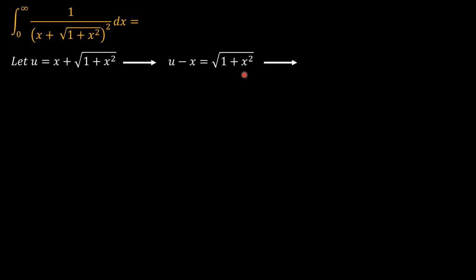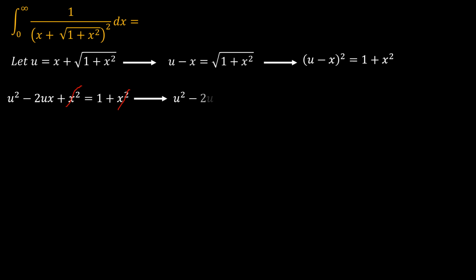And so when you square both sides, you have u minus x squared is equal to 1 plus x squared. That means u squared minus 2ux plus x squared is equal to 1 plus x squared. And as you can see, the x squared cancel out. So what you're left with is u squared minus 2ux is equal to 1.